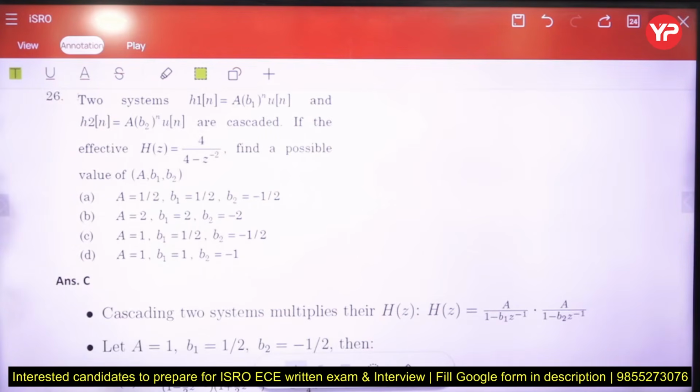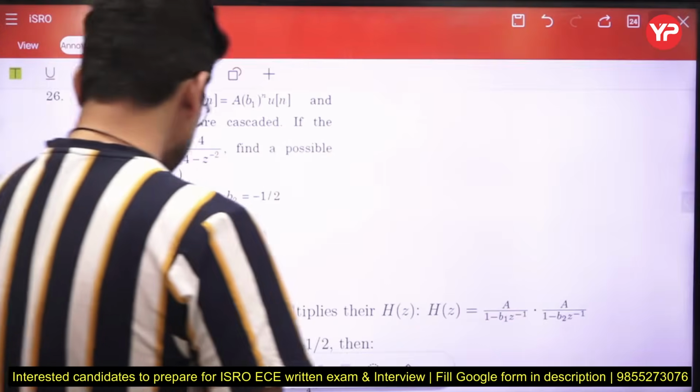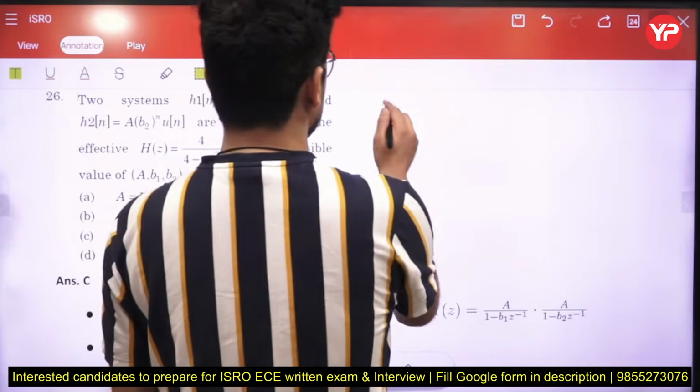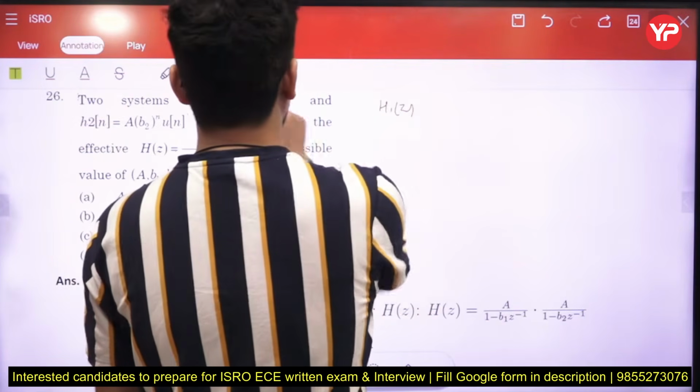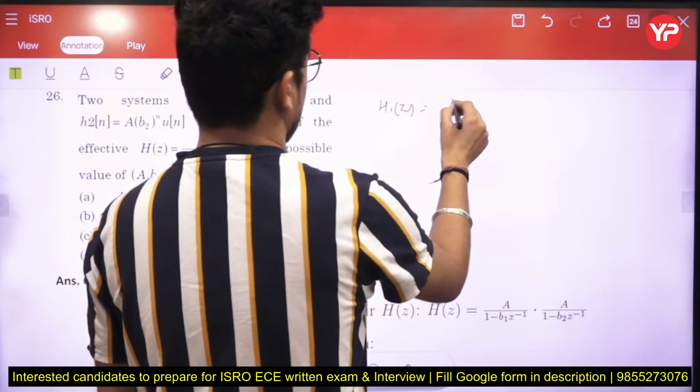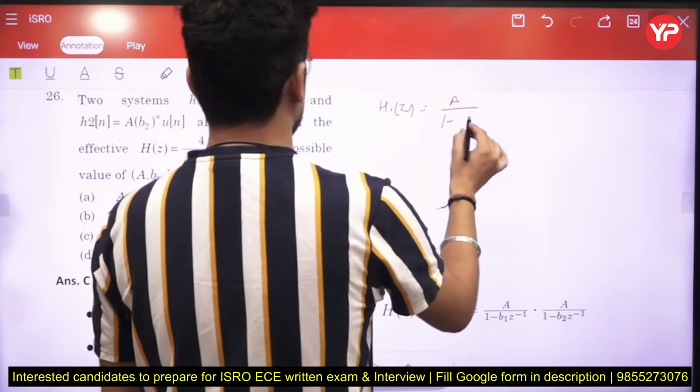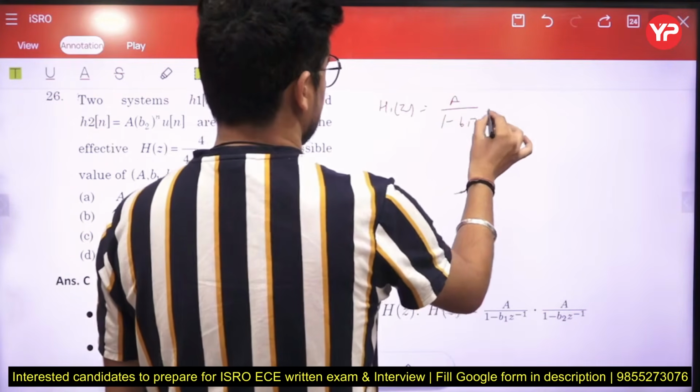H1 is given to you, H2 is given to you. If they are cascaded, and their effective HZ is given, find the possible value of A, B, right, like this. So first we have to write H1Z, the Z transform of H1. That will be A upon 1 minus B1 Z inverse.